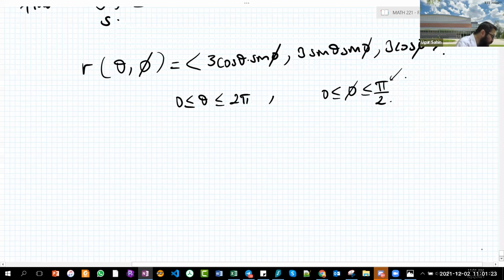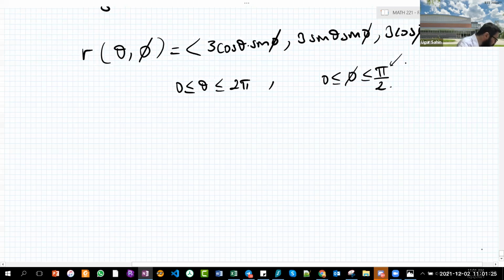Okay. Next, I need to find T theta and T phi so that I can calculate the cross product. You need to take the derivative of the components with respect to theta and phi.